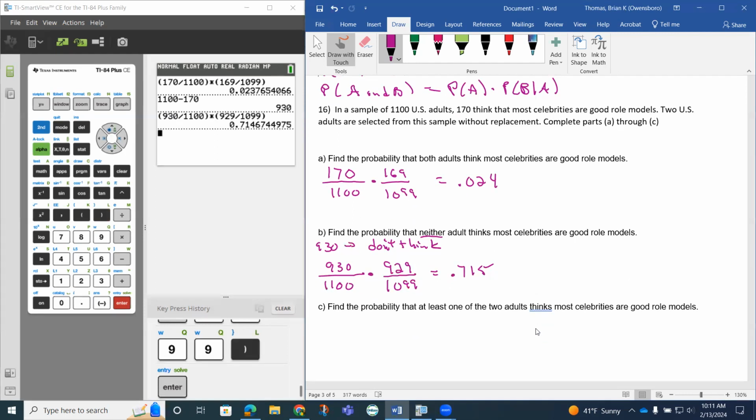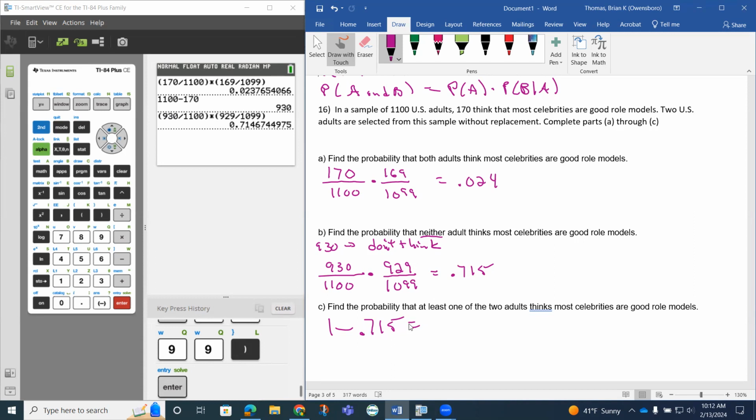The next thing is, find the probability that at least one of the two adults thinks most celebrities are good role models. What we pick up on is that at least one is the complement of none. So all I have to do here is go 1 minus the complement. We use 0.715 because this means none, and the opposite of none means at least one.